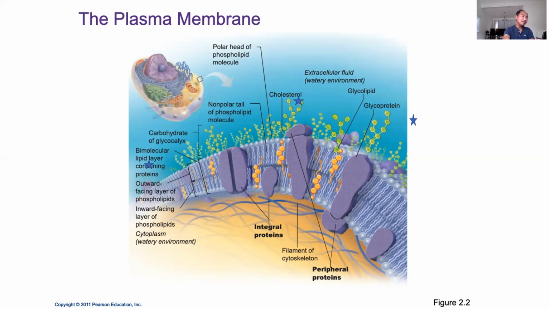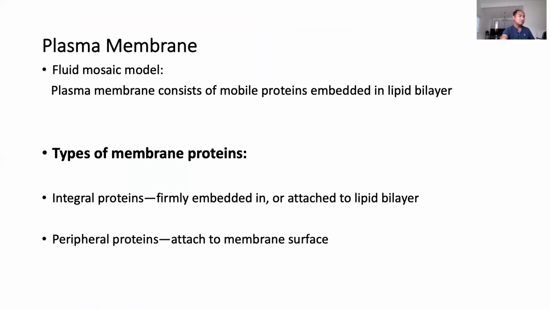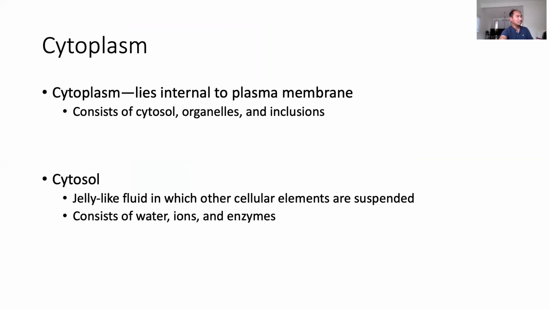Inside the lipid fat, there will be some protein integrated into the fat. We call this type of protein integral protein. And there will be proteins just attached on the outer surface of the phospholipid bilayer. That's what we call peripheral proteins. So plasma membrane is the boundary between the inside of the cell and the outside of the cell.